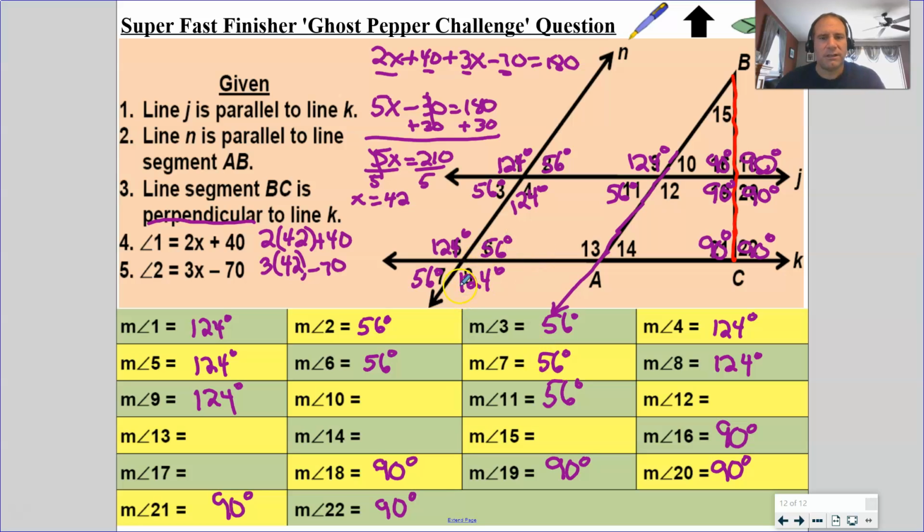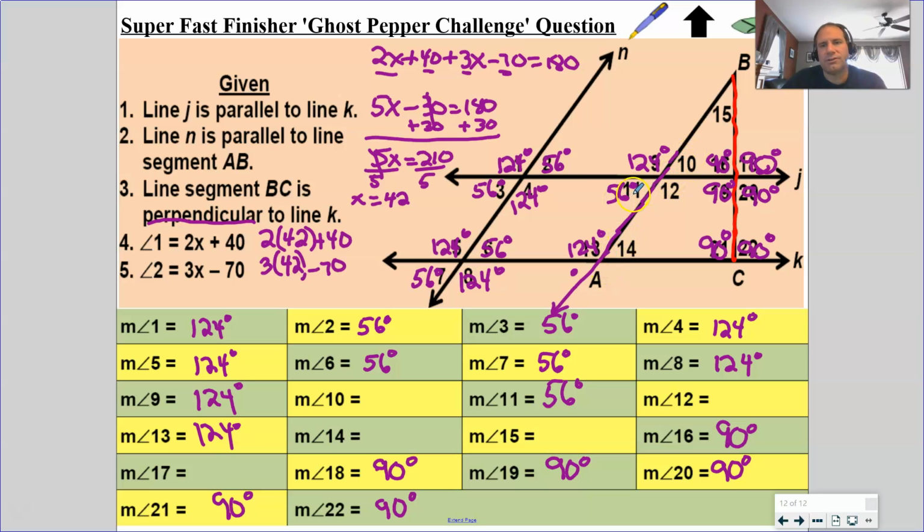And if you take a look here, parallel lines again, alternate interior, 124. 13 is 124. And this one, they didn't ask you for it. I extended that line, but that would be 56 as well. But we're going to leave it blank because it's not necessary.